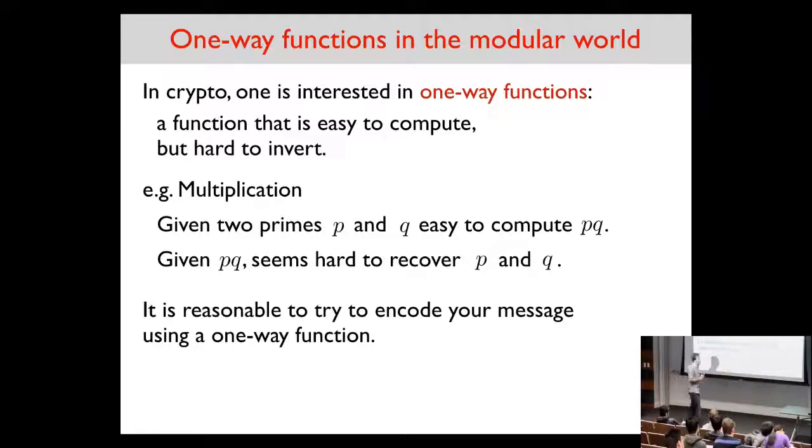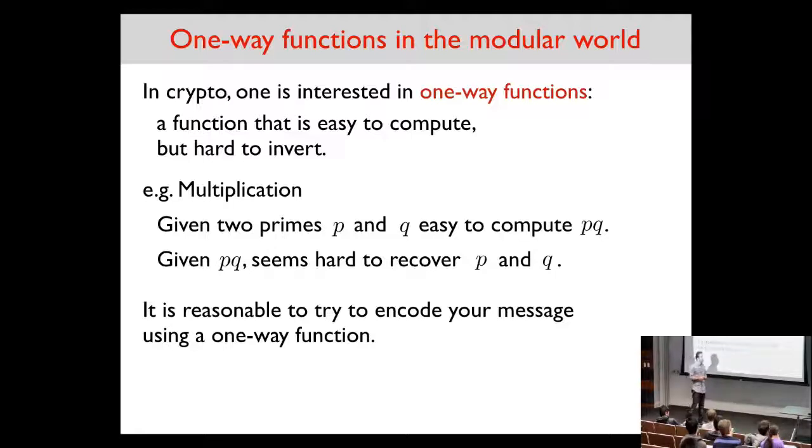So in cryptography, it's reasonable to try to encode your messages using some sort of one-way function. Why? Because I want to send a message. I'm going to encode that message somehow and get an encoded message, and I'm going to send that encoded message over. Now, the adversary sees that encoded message. Okay? So hopefully, he won't be able to take that encoded message and invert it to get the original message.